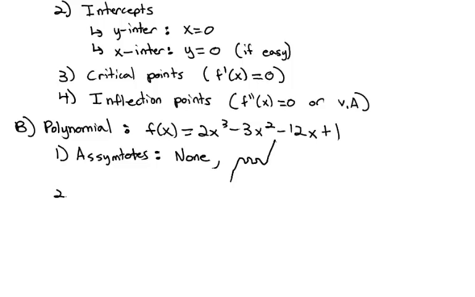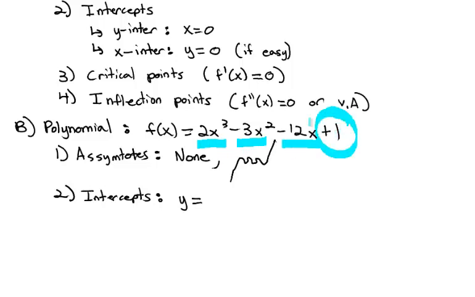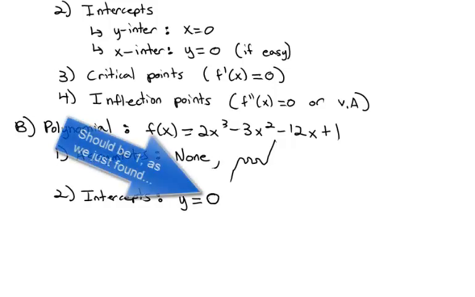Number 2, we're going to attempt to find some intercepts. First, the y-intercept is when x equals 0. And the nice part about when x equals 0 is the first term is 0, the second term is 0, the third term is 0. All that we're left with is the 1.